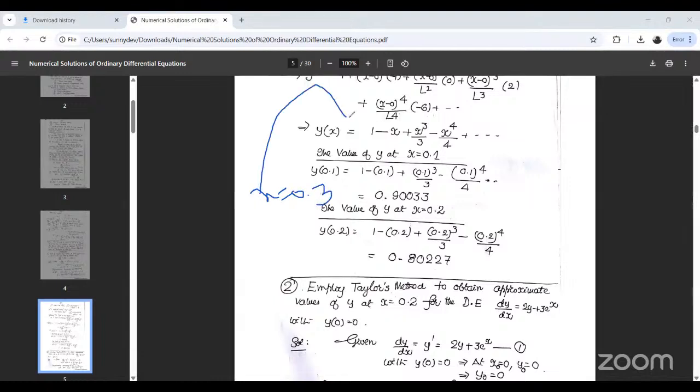Then in place of x we substitute 0.3: 1 minus 0.3 plus 0.3 whole cube by 3 minus 0.3 whole power of 4 by 4.